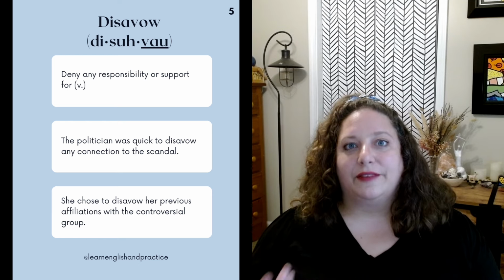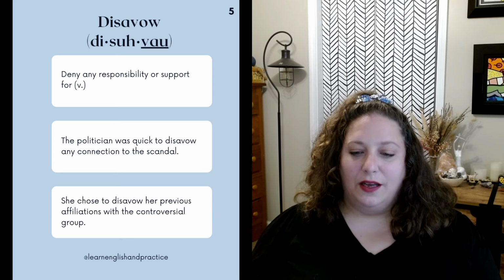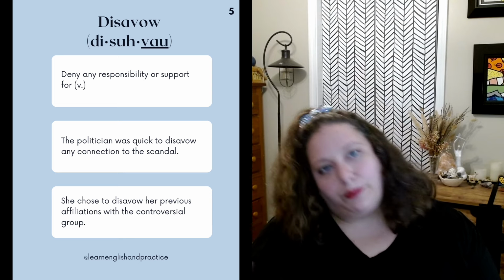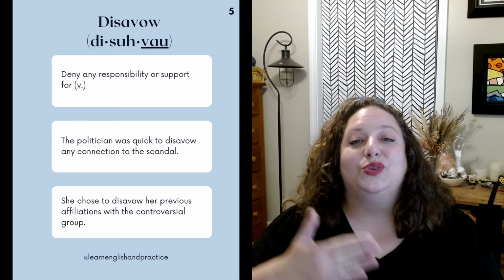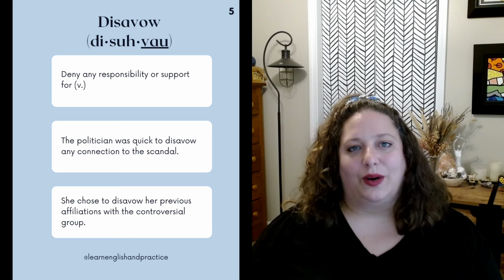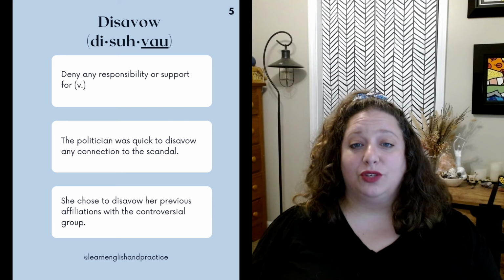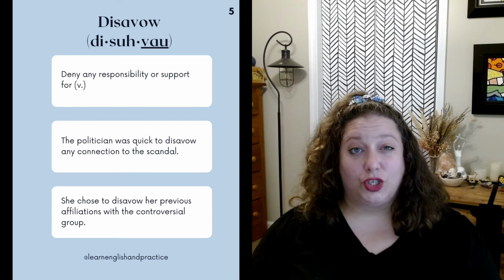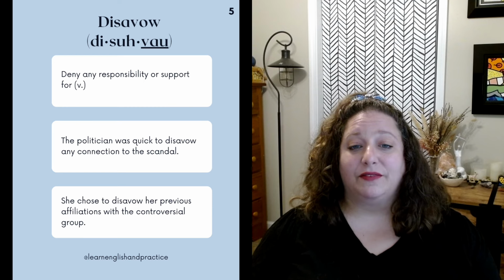There have been plenty of instances where politicians have been exposed having had a racist or very problematic Halloween costume in their college years, and they've had to disavow that choice. Examples are: the politician was quick to disavow any connection to the scandal. She chose to disavow her previous affiliations with the controversial group.